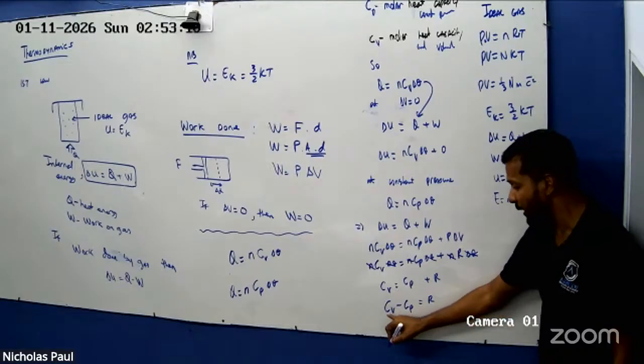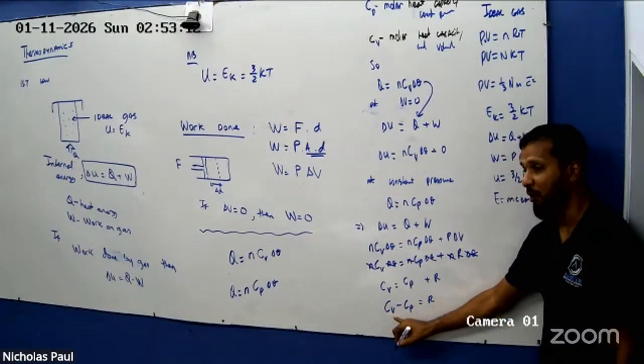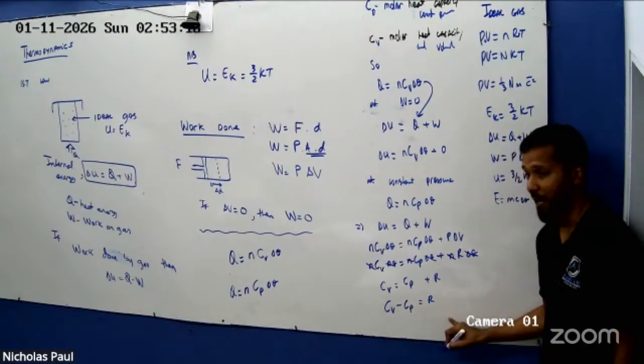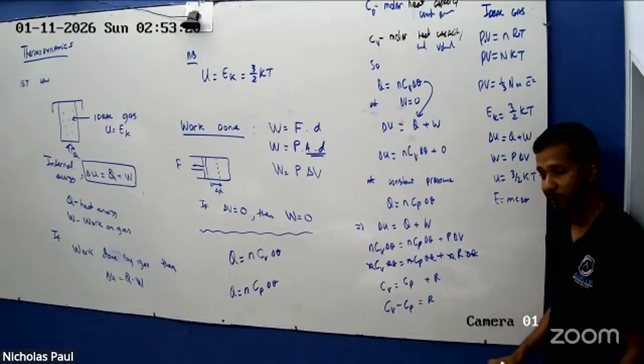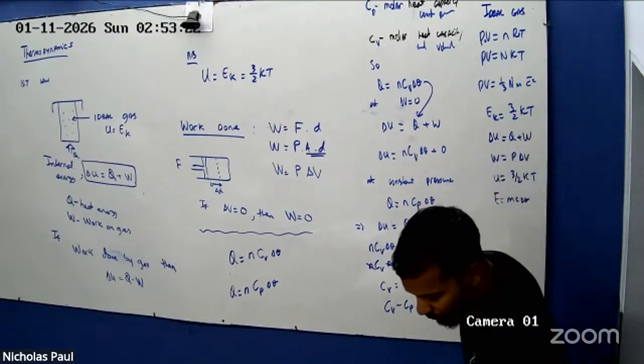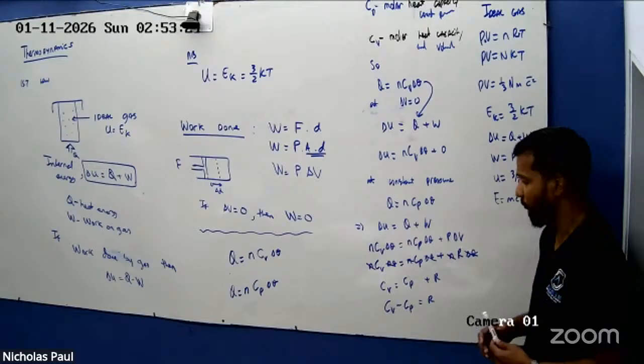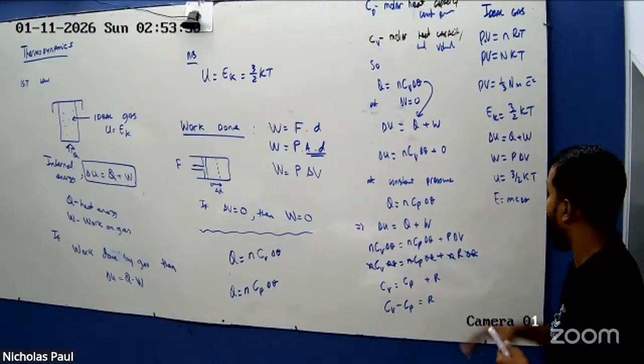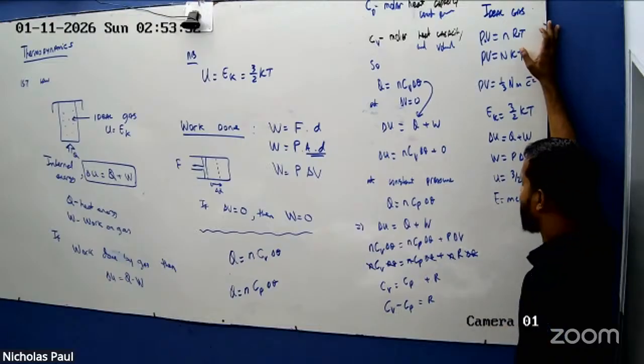So it means that way more heat is required at constant pressure than heat required at constant volume. And when you minus them, you get R. So it shows you what R is. R is the molar gas constant.